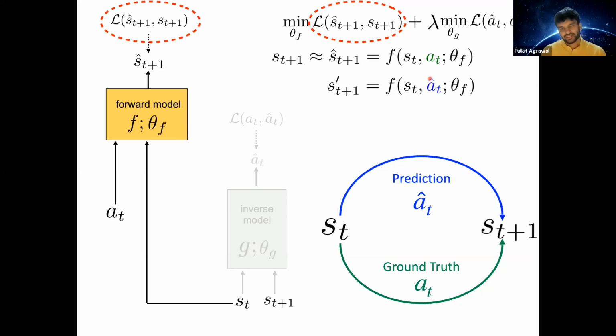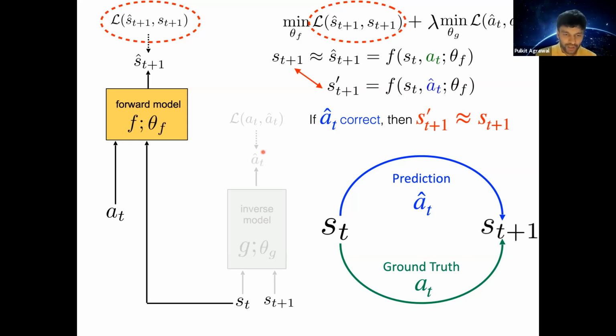Now, because this action a hat t might not be in my training distribution, I might not expect s prime t plus 1 to be close to st plus 1. But we know that if a hat t is actually correct, then s prime t plus 1 should be close to st plus 1. That is something that we know.